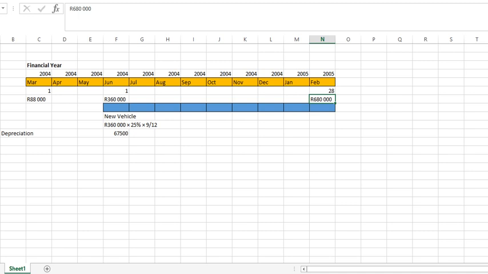Now we already calculated depreciation on this new vehicle. So what we need to do is we need to take the 360,000 Rand out of the 680,000 Rand, and on that we will then depreciate our vehicles. So we want to know our balance towards vehicles at the beginning of the financial year.